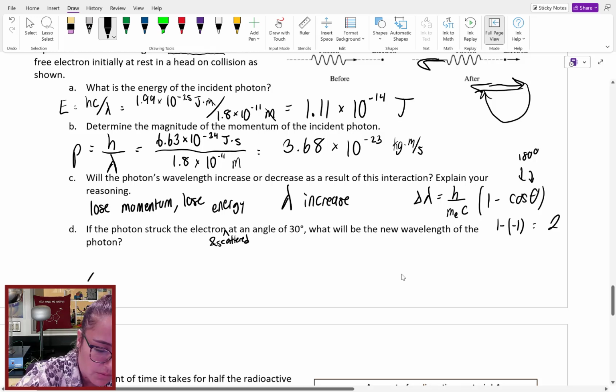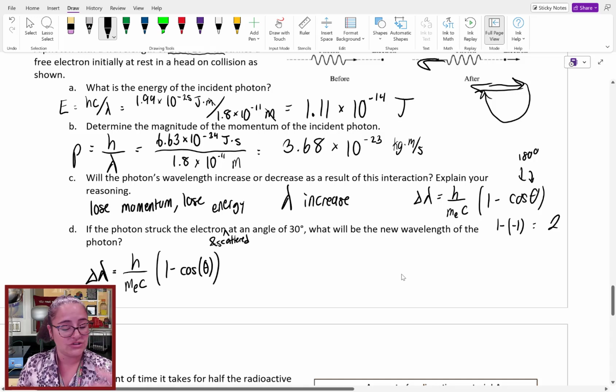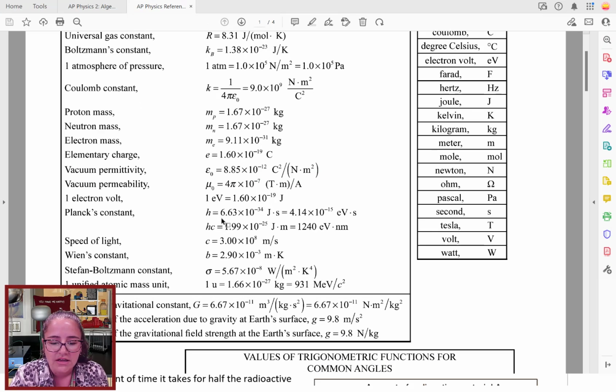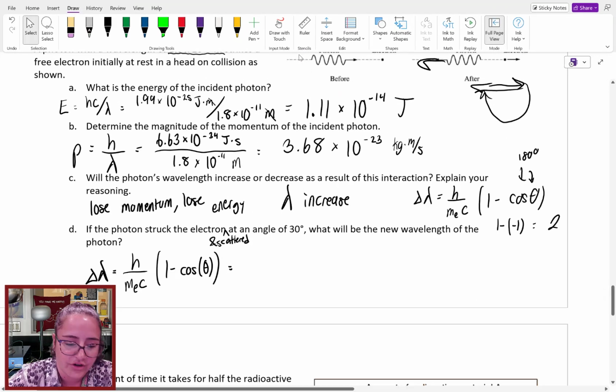So we have the change in the wavelength equals h over the mass of the electron times c, times 1 minus cosine of the angle that it's scattered at, which is that 30 degrees. So we have h. Grab that from our equation sheet. Let's keep everything in joules: 6.63 times 10 to the negative 34.